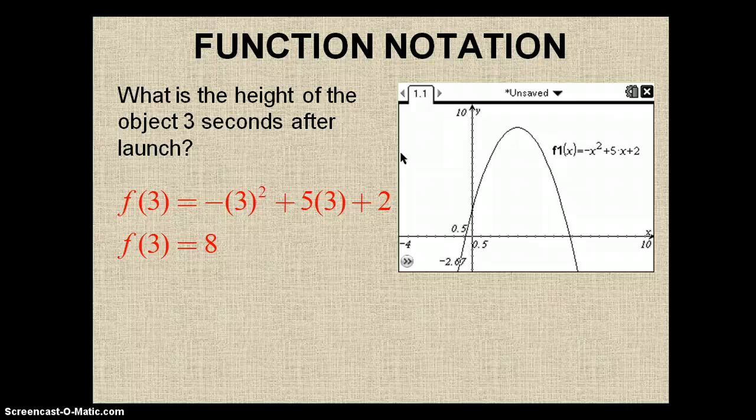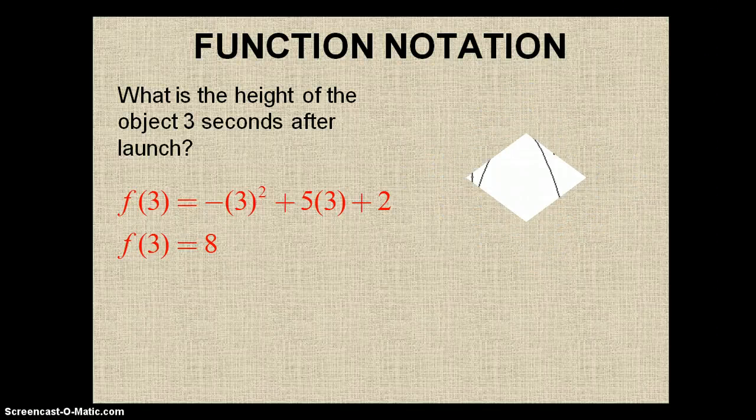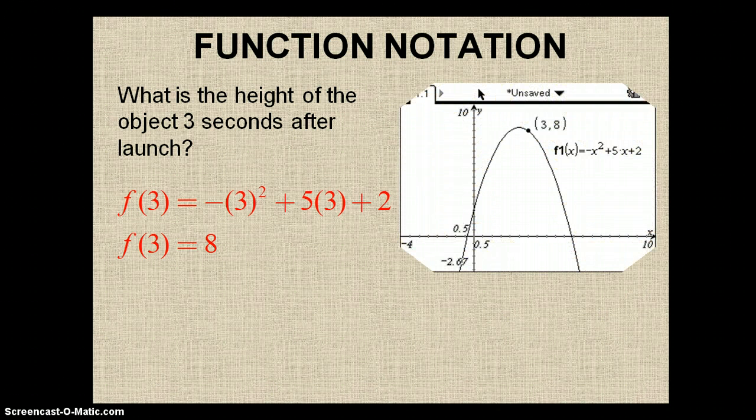And when I evaluate that function, I have an output value of 8. So what this tells me is that after 3 seconds, your object will be 8 feet high.